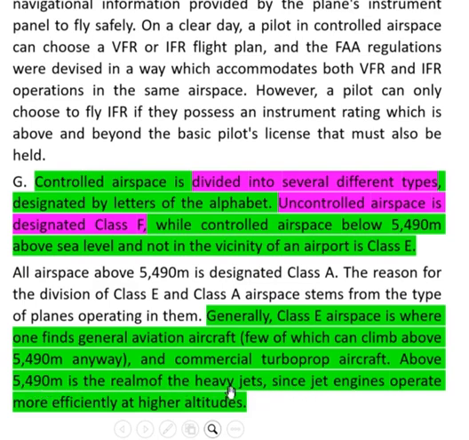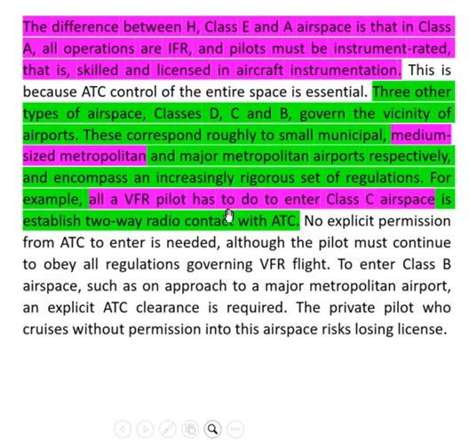Let's move on to the second part, which is the last part of the paragraph. The difference between H, Class E, and A airspace is that in Class A, all operations are IFR, and pilots must be instrument rated, that is, skilled and licensed in aircraft instrumentation. That's the difference you have between classes H, E, and A. So in A, all operations are IFR.